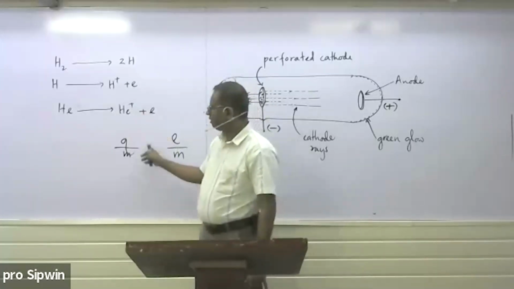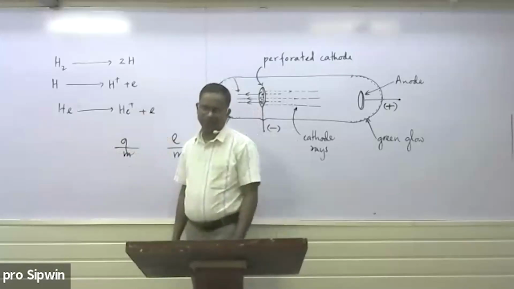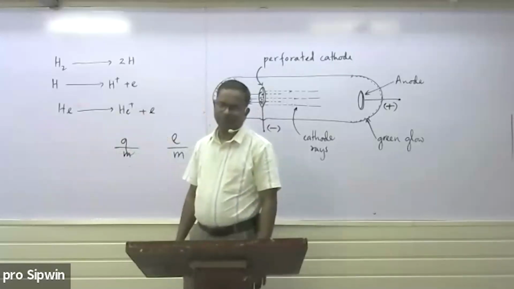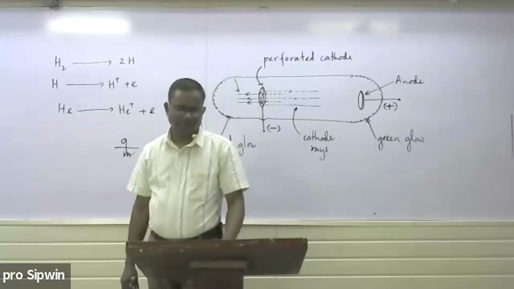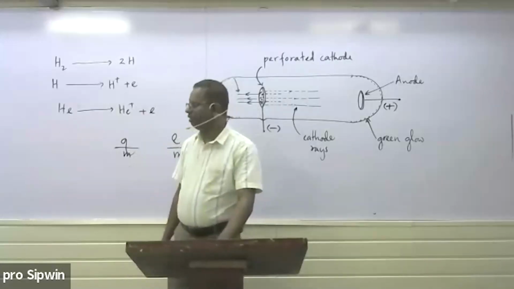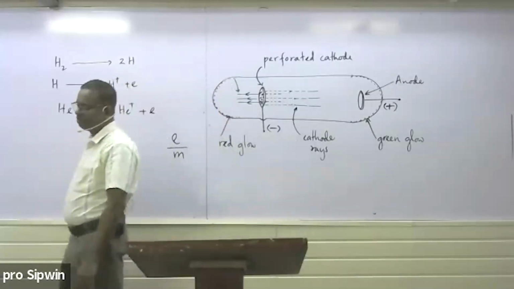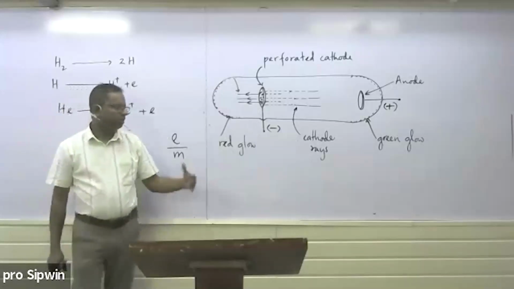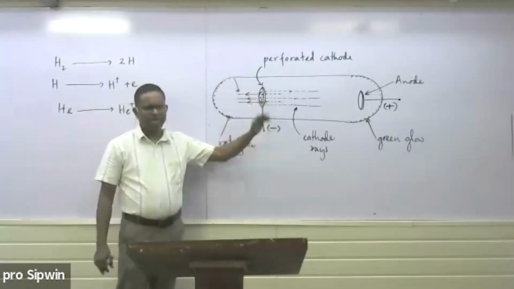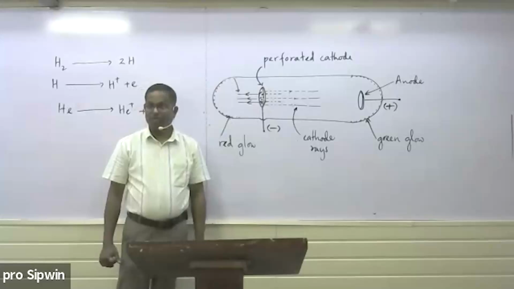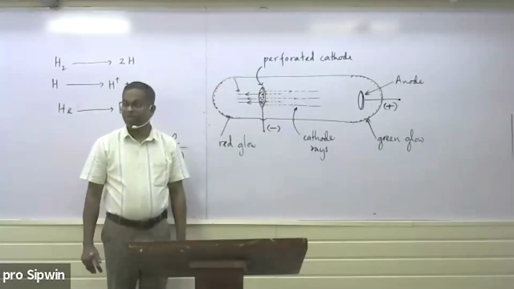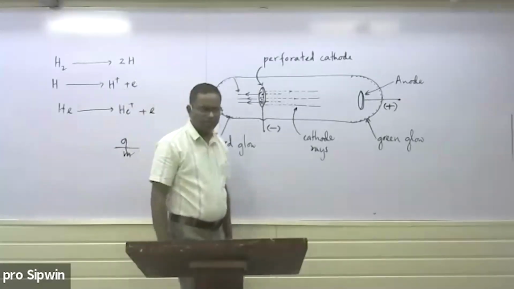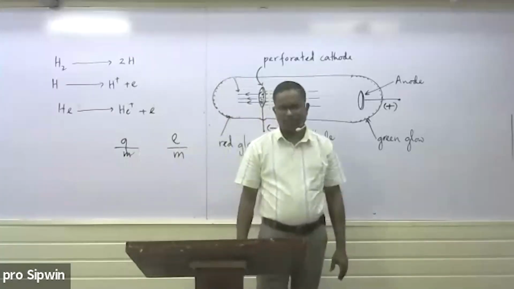Because of that, Q divided by M is different. So for positive ray particles, the Q divided by M value depends on the residual gas. For cathode ray particles, the e divided by m value does not depend on the residual gas.